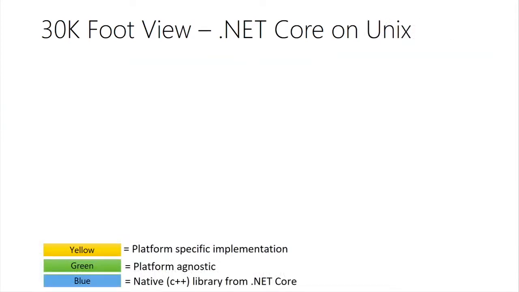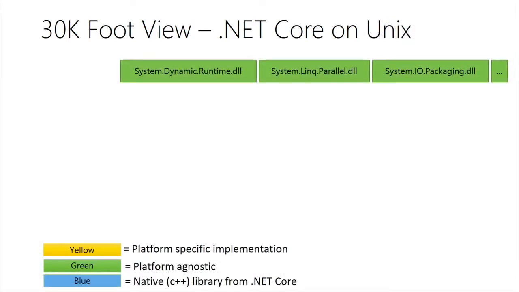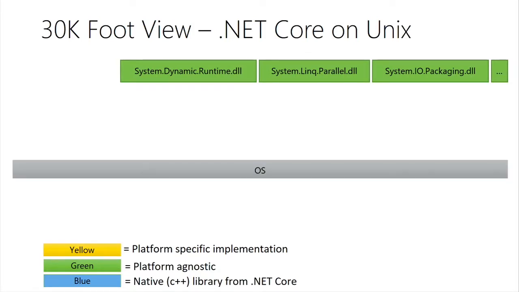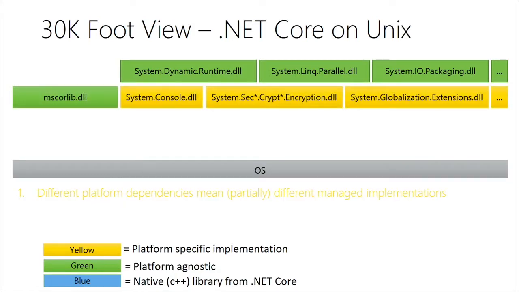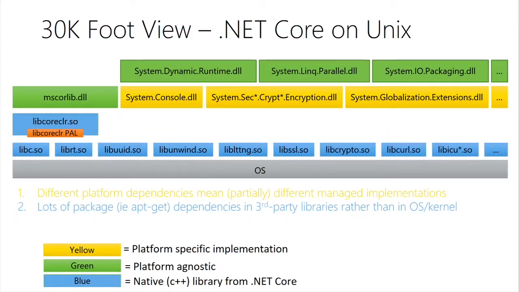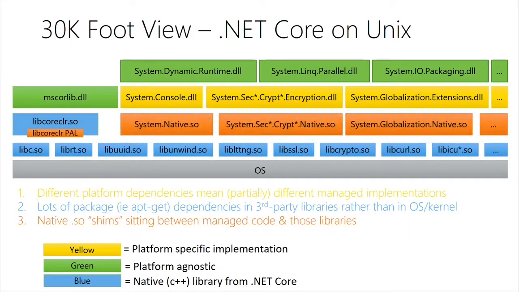Let's look at Unix, Linux. Same thing. We have these platform-agnostic libraries, top level. Next level down, System.Console. Again, platform-specific compilation. Now, the next level down, on Linux we have these SO, these shared objects. Think of them as like DLLs. And so all these libraries, you'll find like System.Native.